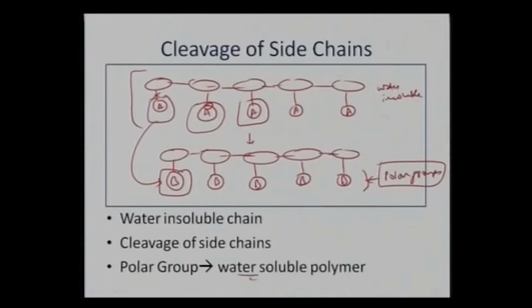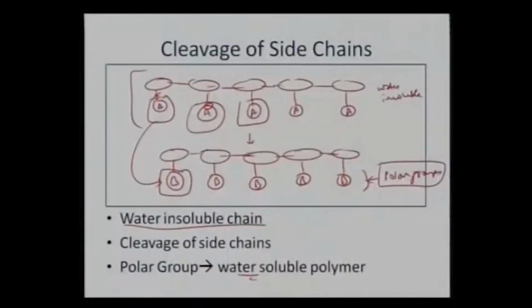So in the first case we have breaking of the cross linking, and in this case we have cleaving of the side chains to result in a water soluble polymer. We start with a water insoluble chain, and cleaving of the side chains results in formation of polar groups, and that makes the polymer soluble in water.